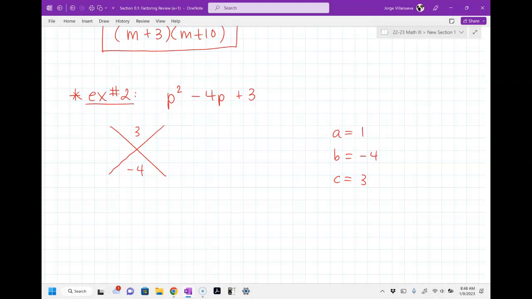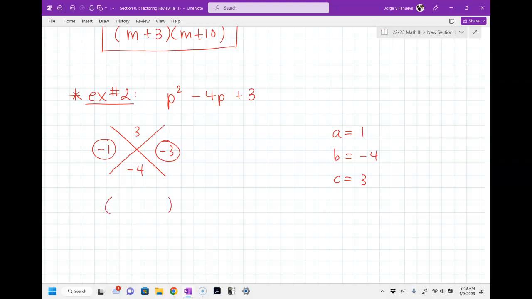Now, negative 2 and negative 2 would have added to a negative 4, but they didn't multiply to a 3. Negative 1 and negative 3. So negative 1 times negative 3 is a positive 3, so that's good. Negative 1 plus negative 3 is a negative 4, so that's good. So there we go. We got our multiplication and our addition down. So those are the two numbers I'm going to use.